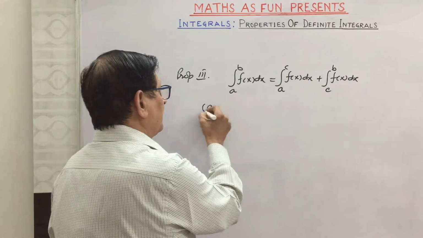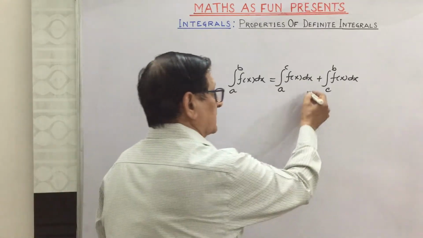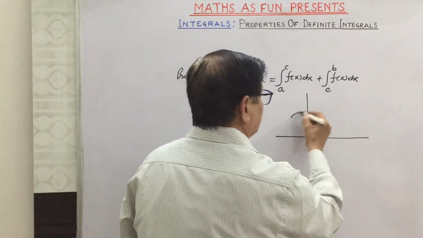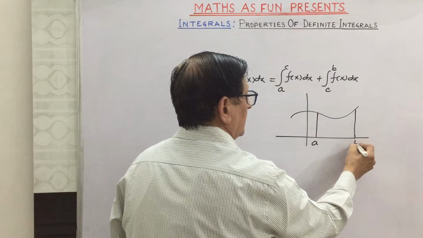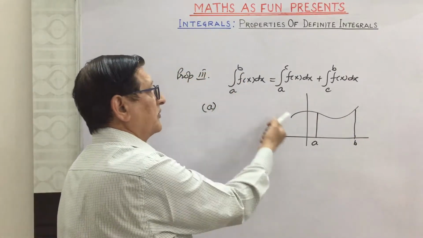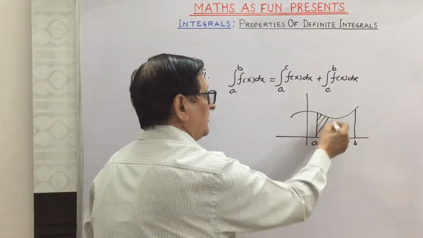The first way we can understand this is by the concept of representing the area. See, if it is from a to b, then we know that the definite integral from a to b represents this complete area.